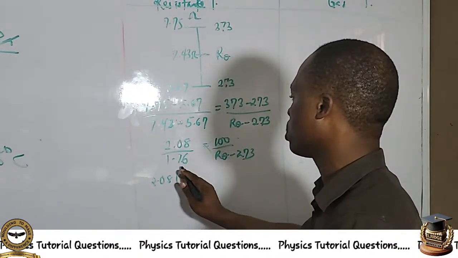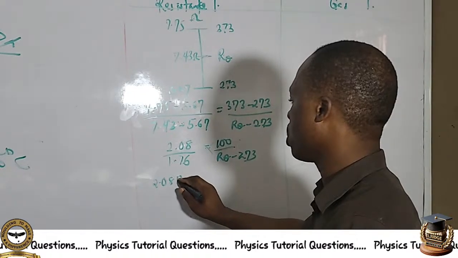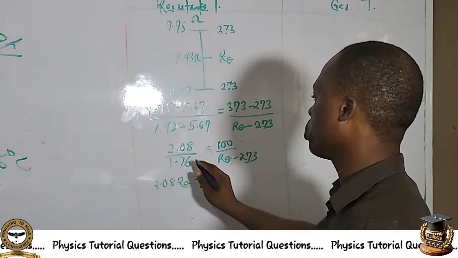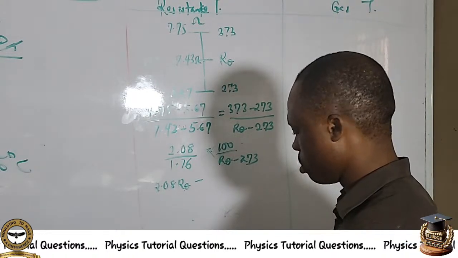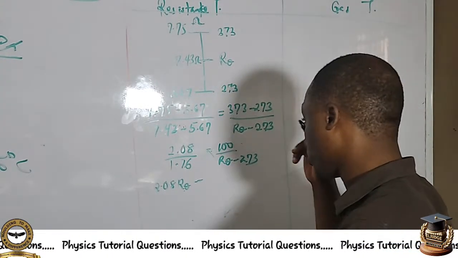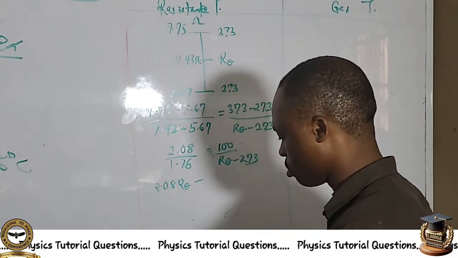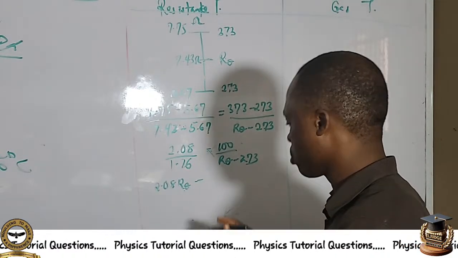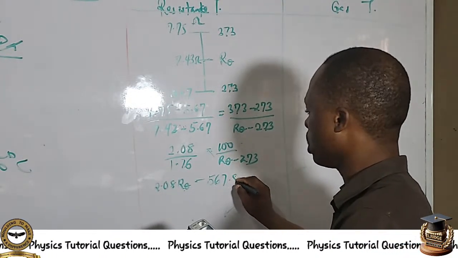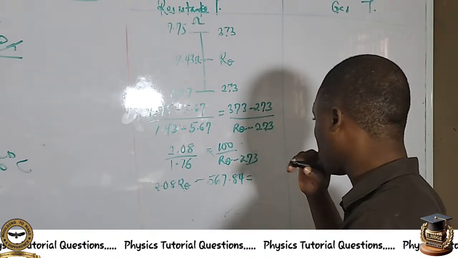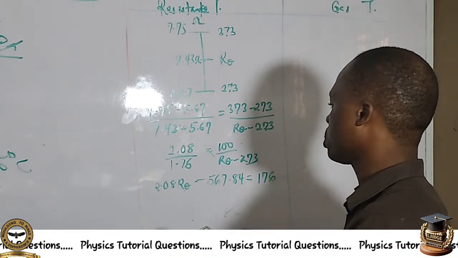2.08 times R theta minus 273 times 2.08, which is 567.84, equals 176.